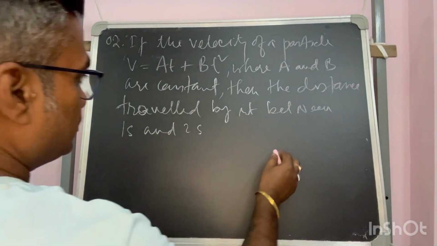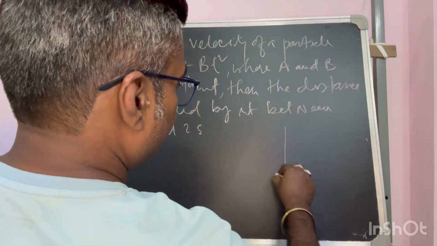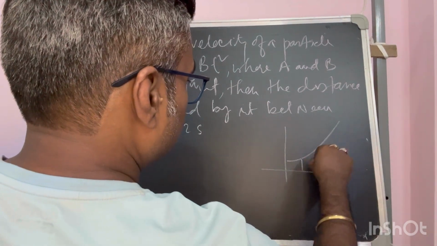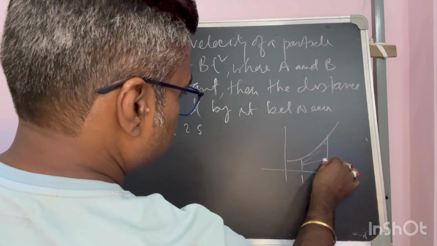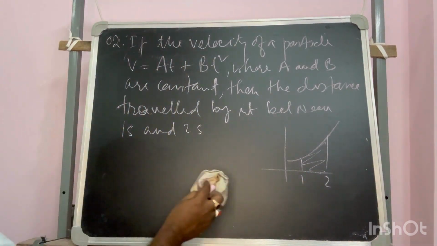That means whatever the graph of the motion, there is a time lag where this is 1 second, this is 2, and in between you have to calculate the distance traveled.